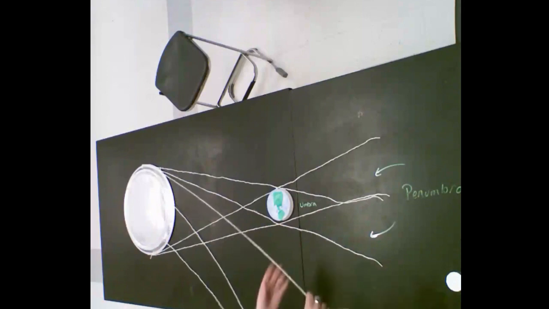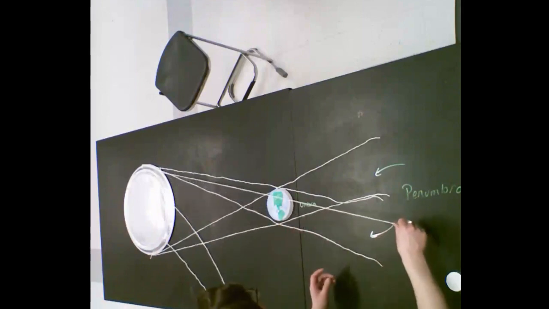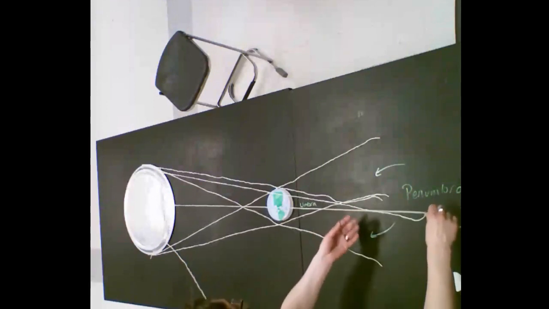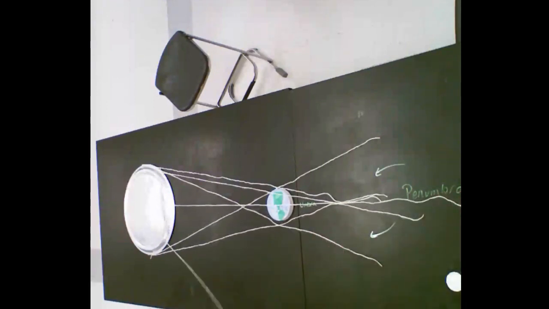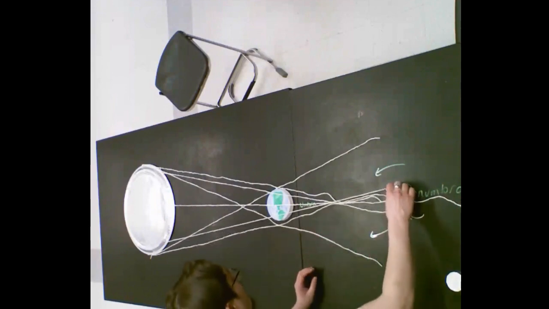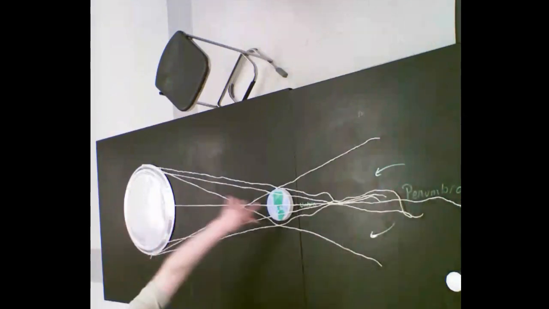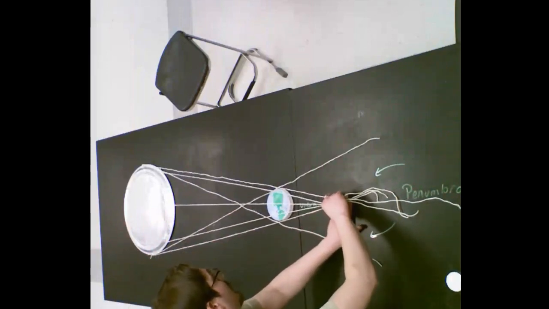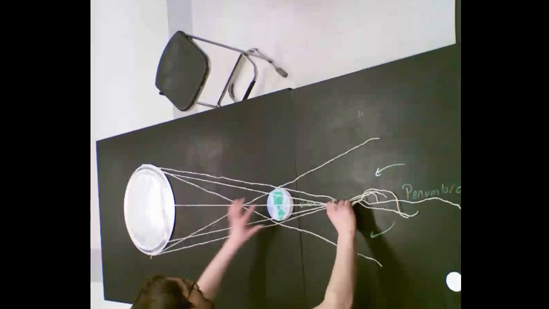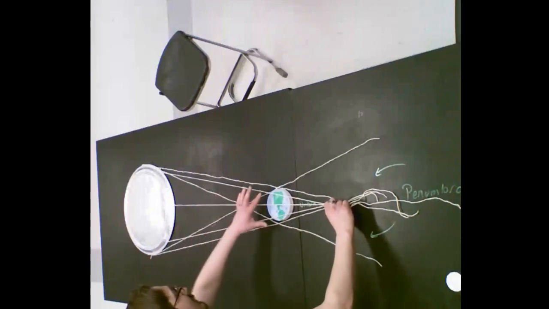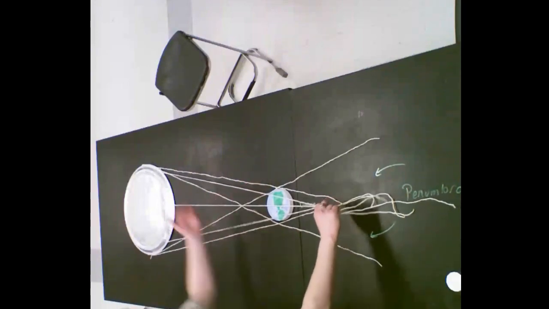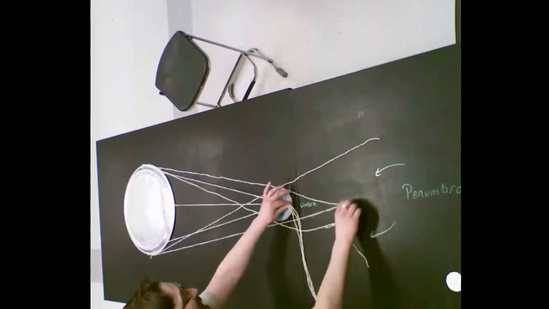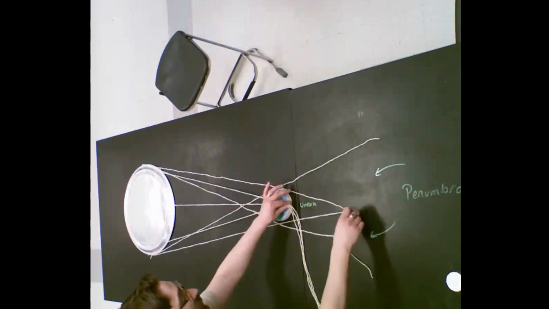Anywhere in that umbra, regardless of whether it's from the top, the middle, or the bottom, if you try to put those rays of light in a straight line into this umbra region, right here, you can see that it's blocked by the Earth. These hit the Earth, and they're not allowed to pass. So that light can't pass through, meaning that no light gets there, and this umbra is a dark shadow.